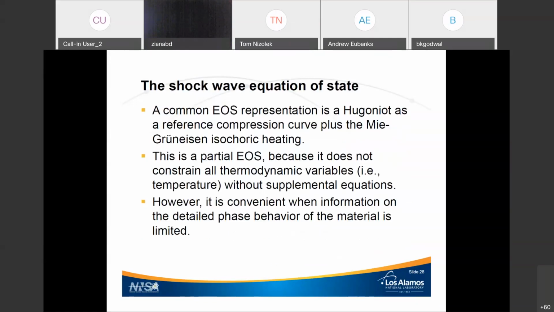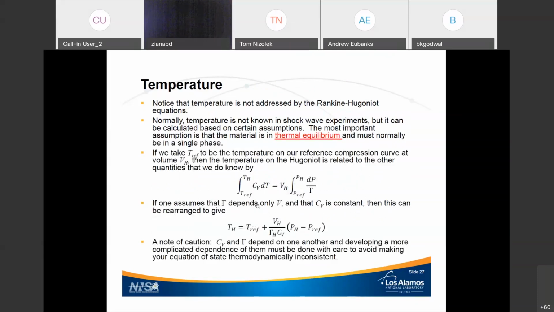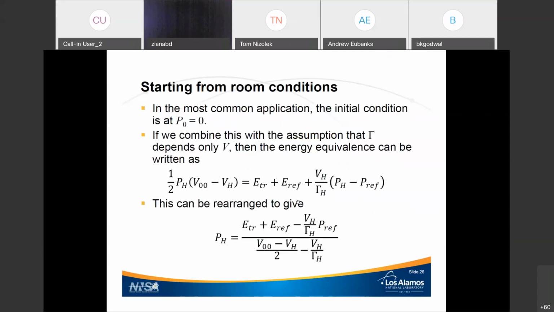Now, there's something called the shockwave equation of state. Remember that I pointed out that the Hugoniot in the US-UP space is often able to be represented as a straight line, which means you can use the Hugoniot, say the principal Hugoniot of a material, as your reference compression curve.